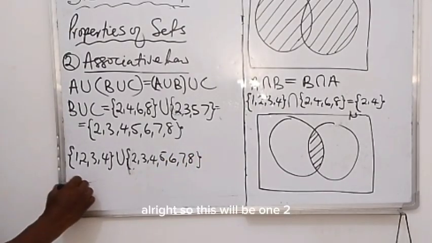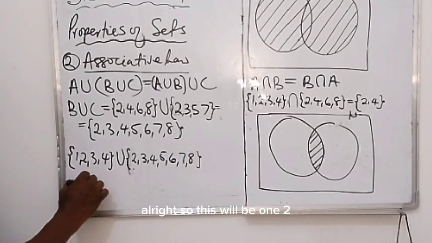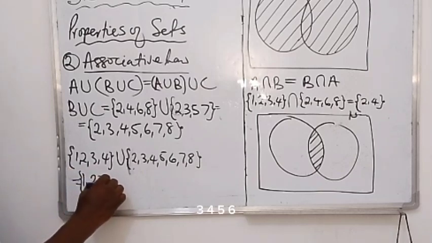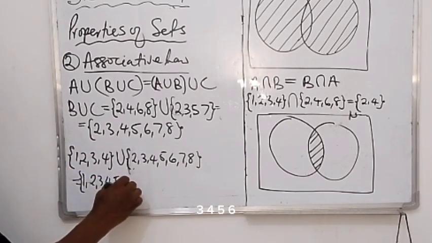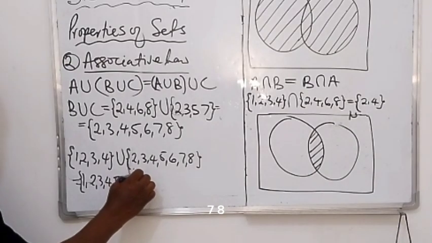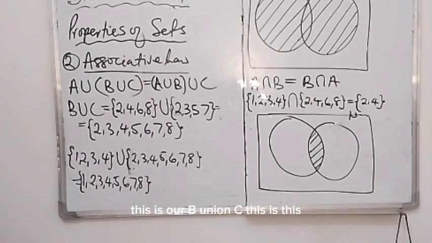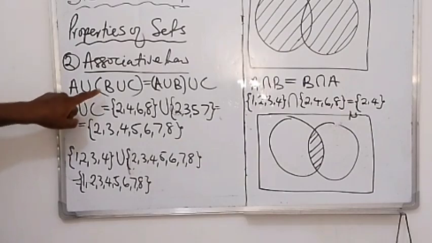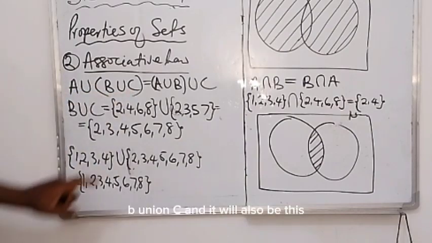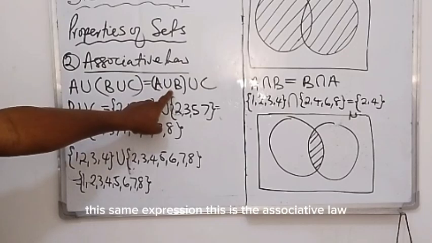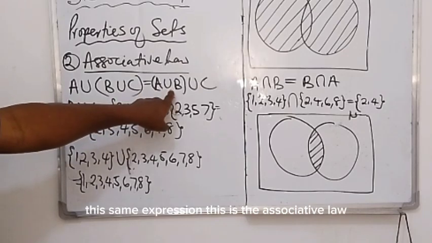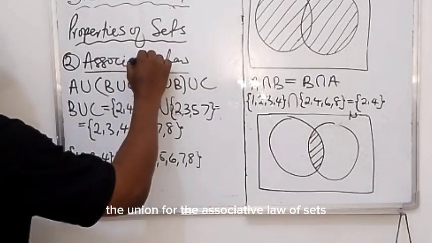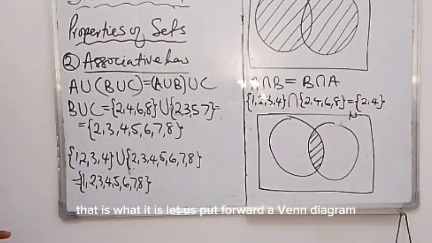So this will be 1, 2, 3, 4, 5, 6, 7, 8. This is our B union C. This is our A union B union C. And it will also be this same expression. This is the associative law, the union for the associative law of sets. That is what it is.